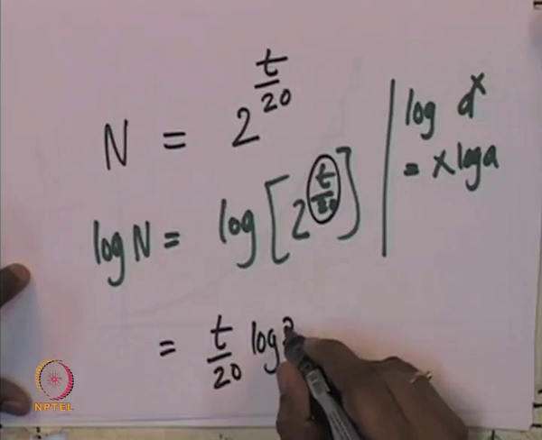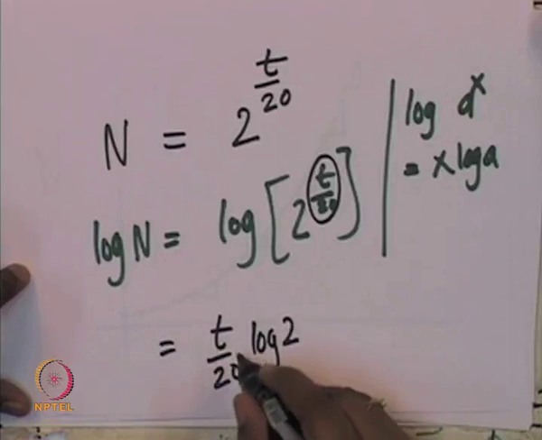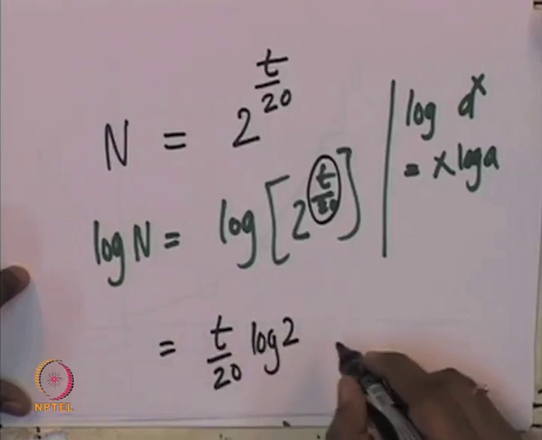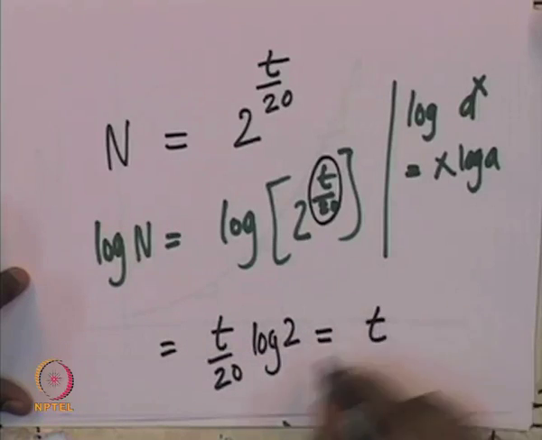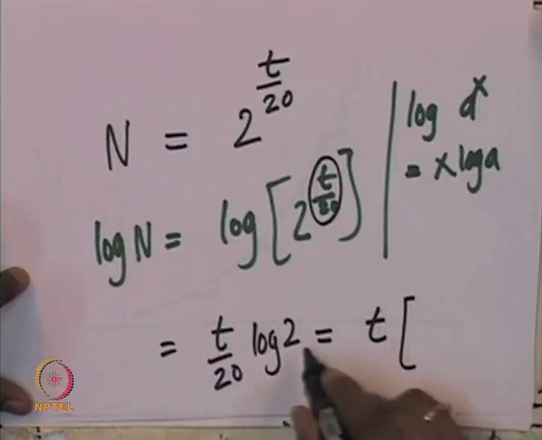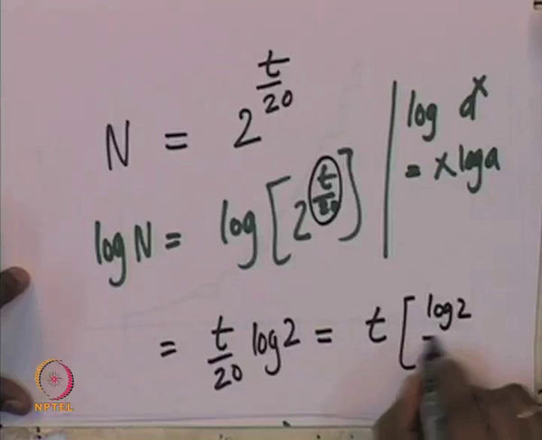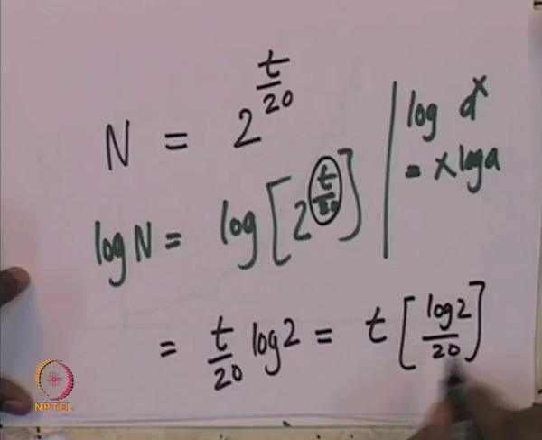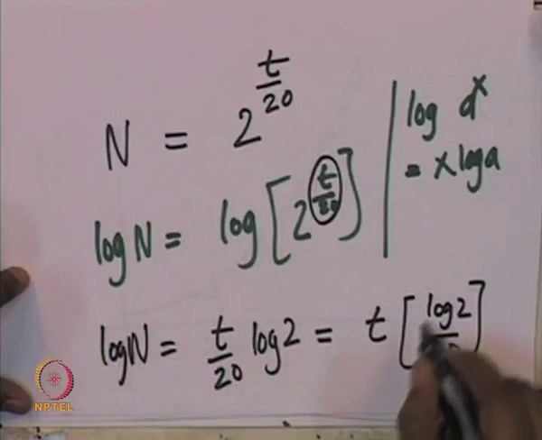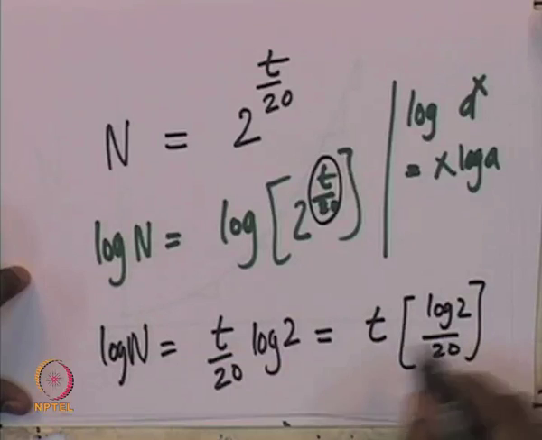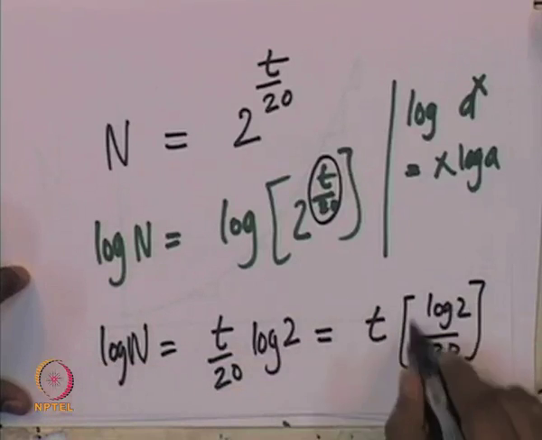So, log 2 is a number, 20 is a number, t is the variable on the x axis. So, you can write it as t times log 2 divided by 20. So, basically log n is t times log 2 by 20. So, log n is t times some constant.